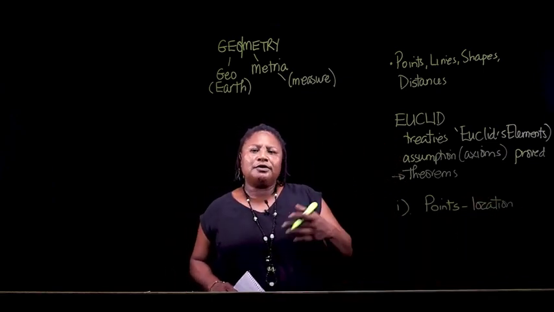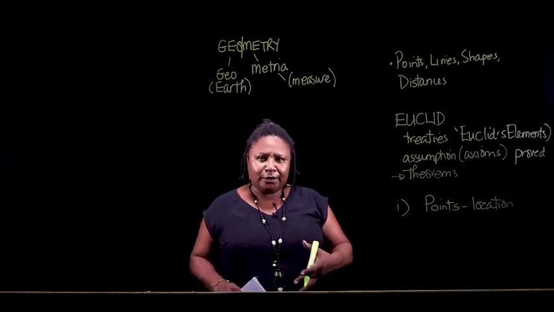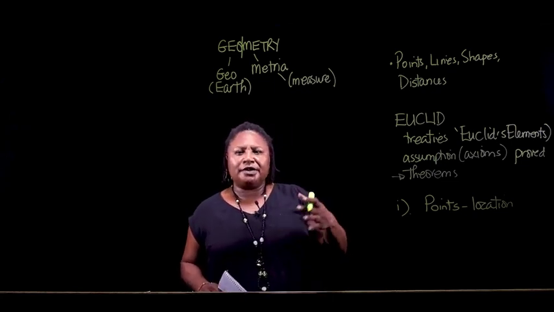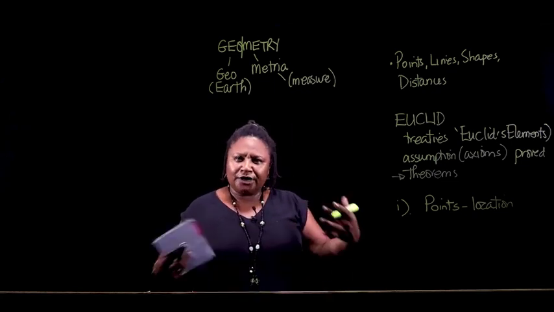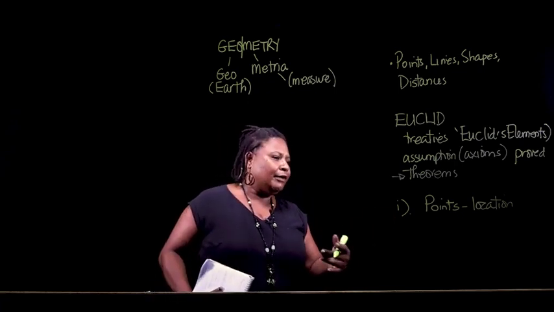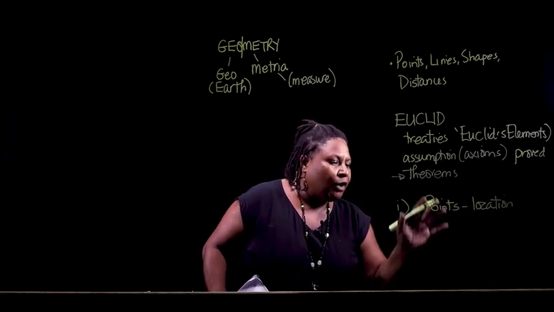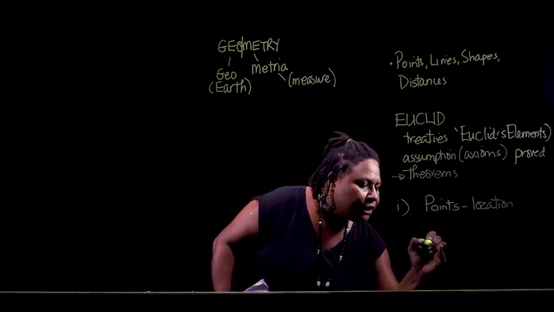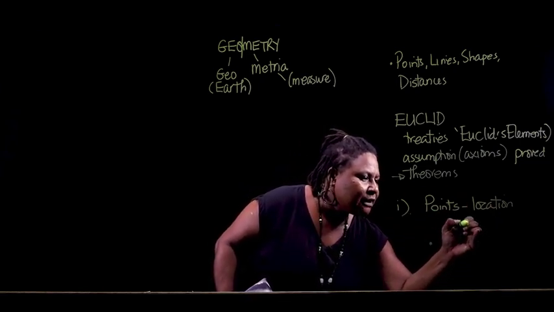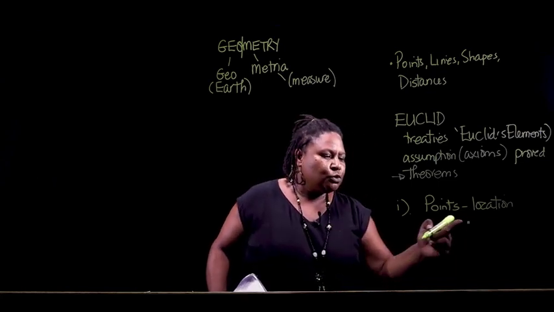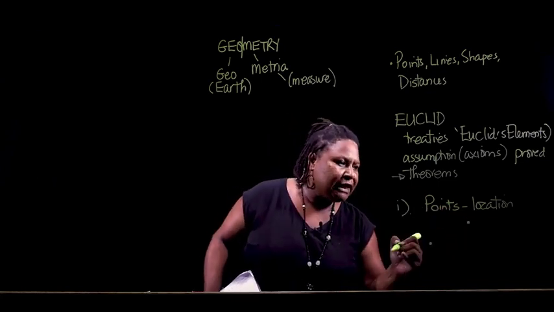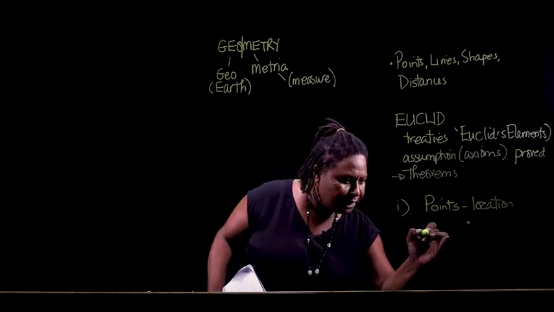We did that when we looked at graphs and the Cartesian plane, where we had points on the graph that gave a location. Points give location, and we can name these points. We have 2 points here, and we always name them so that location can be given.